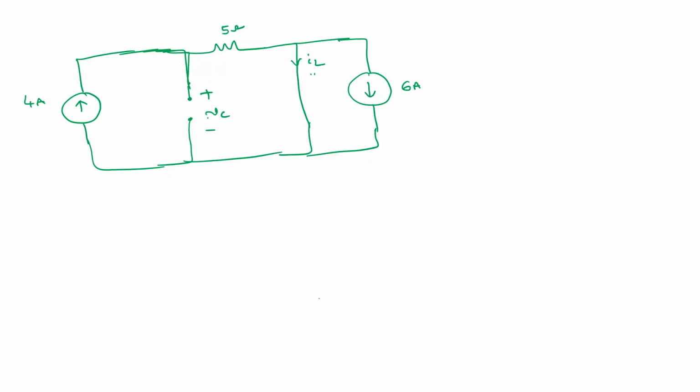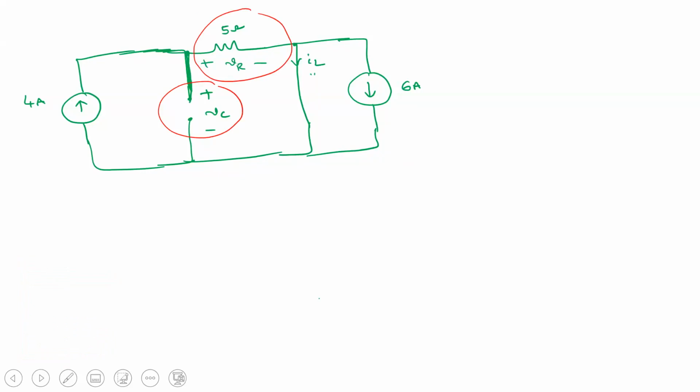Now what is VC? What is the current that flows through this resistor? 4 amps. Observe that one point of VC is connected here and the other point is connected here, so whatever the voltage across this resistor, both are the same. Both are in parallel.